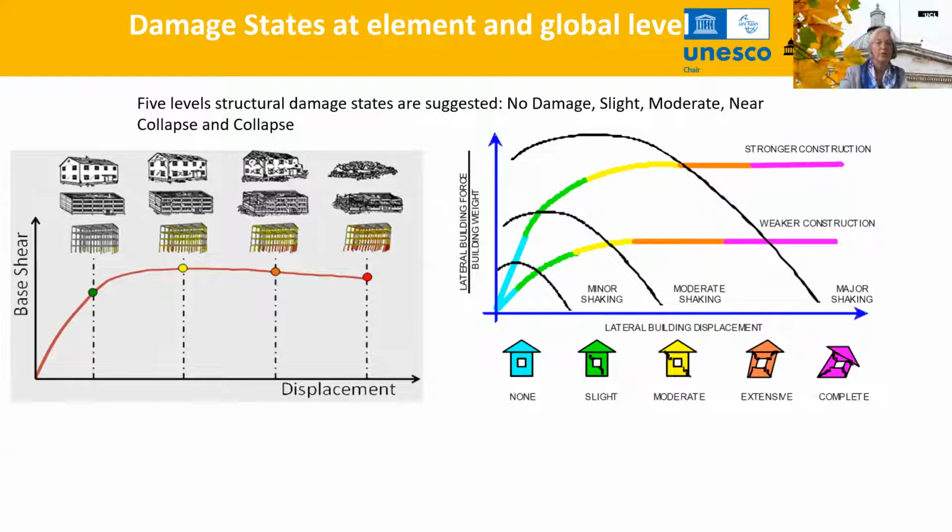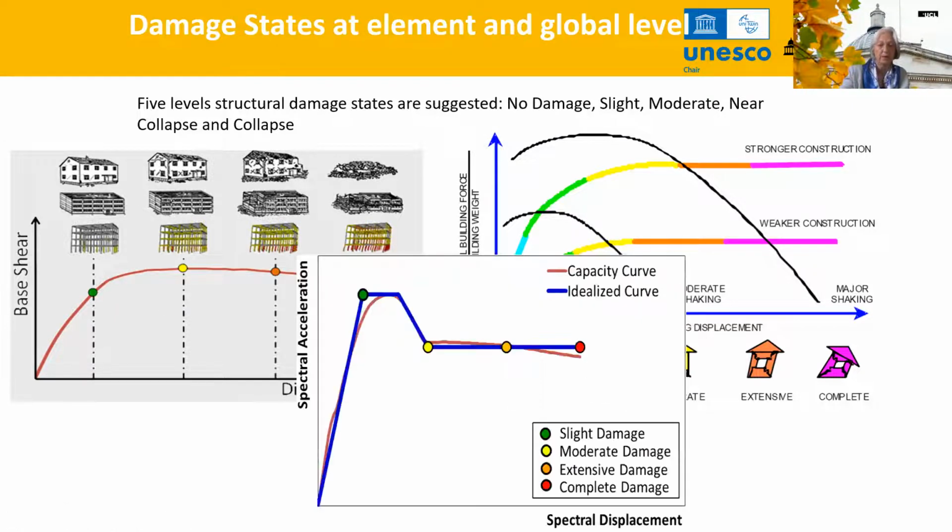We can define different levels of damage, from no damage to complete damage. And this will allow us to identify along the capacity curve, which you will find out what that means a little bit later on in the course, what the different states are. So in which state is my building, and how do I represent that with respect to reality?